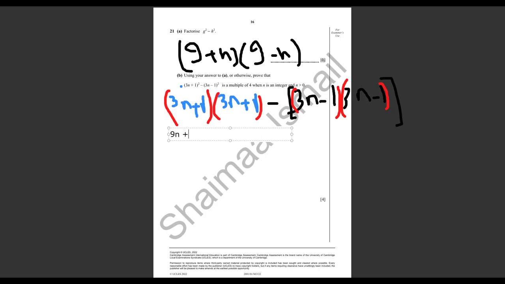So that's 9n squared plus here 3n and another 3n plus 1. Okay, this is the first one. For the second one, we have a negative sign, minus the same, but it will be 9n squared.